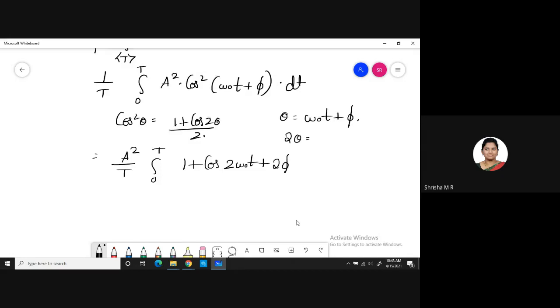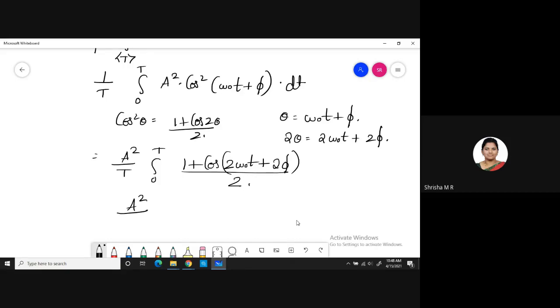So 2 theta would be 2 omega naught t plus 2 phi. Okay. So it is 1 plus cos 2 omega naught t plus 2 phi divided by 2. Correct? So I'll take this 2 to the other side in next step.